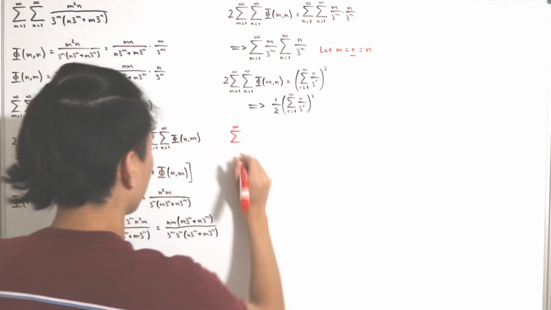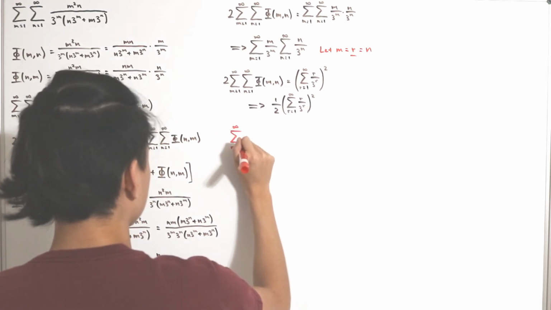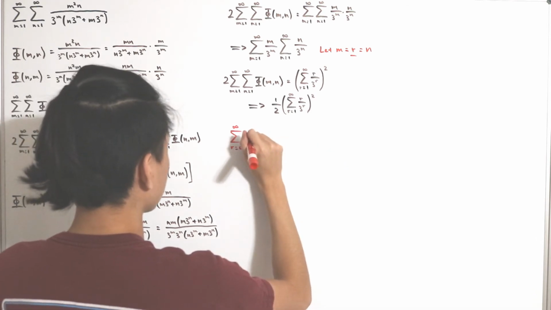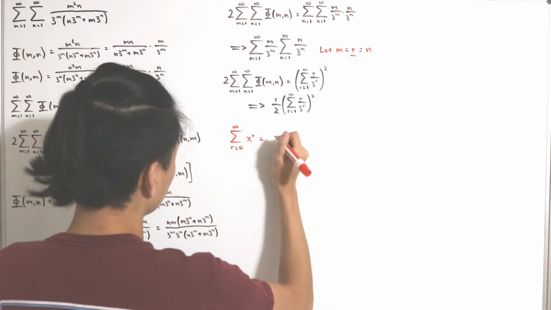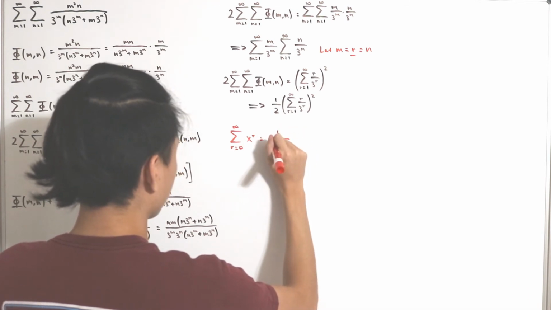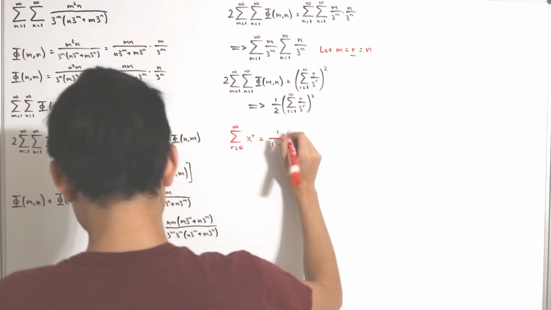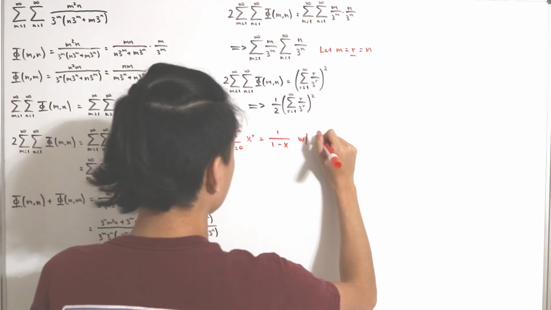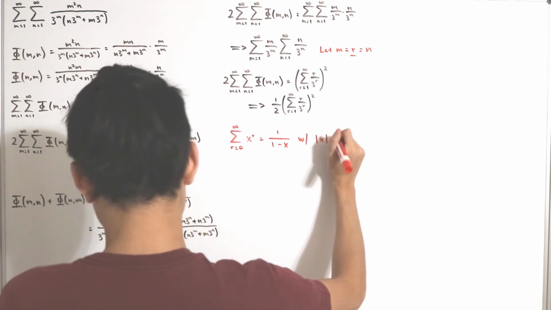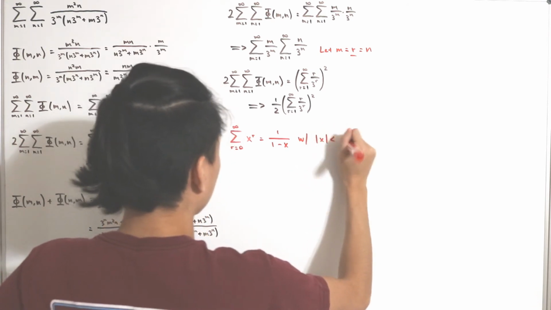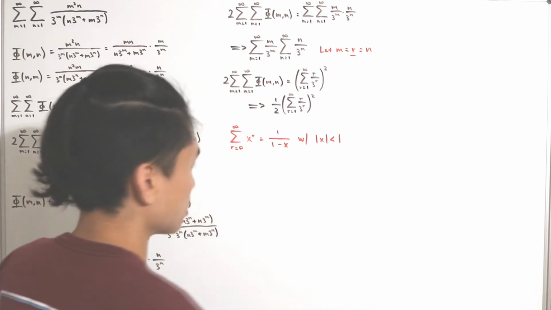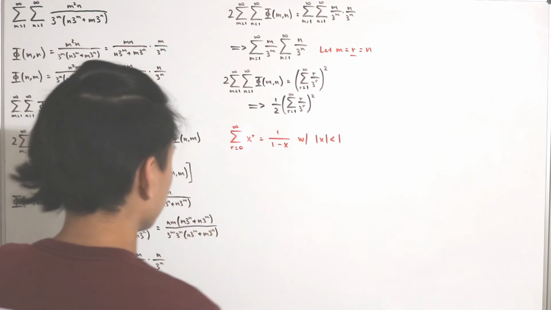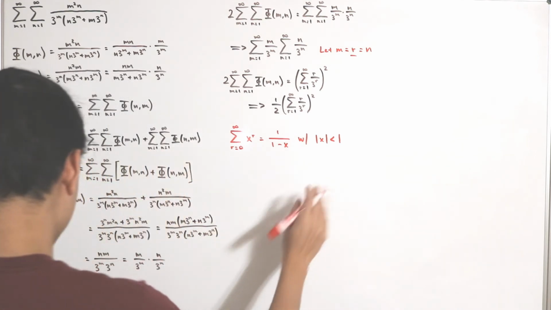We have that the sum from index r equal to 0 of, and I'll just call this x to the r, this is equal to 1 divided by 1 minus x, such that the absolute value of x is less than 1. Okay, so that means x is in the open interval between -1 and 1. So okay, we have that.